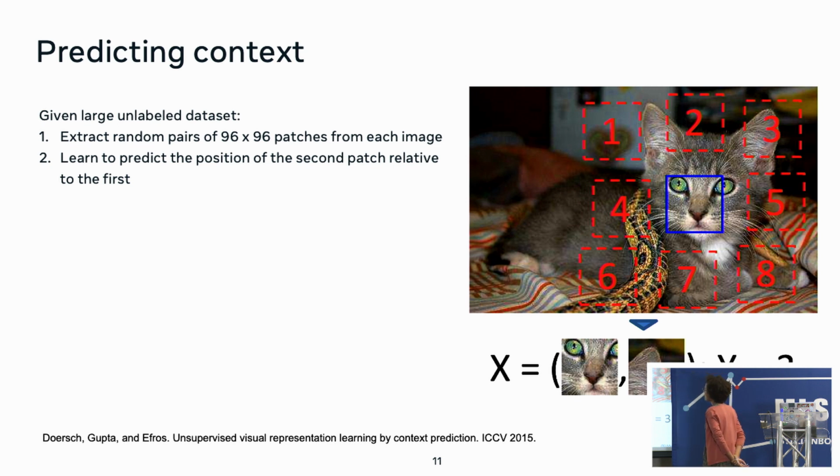In this case, the goal is to predict relative positions of patches. The procedure is as follows. You take a large dataset, once again unlabeled, you're not using any labels whatsoever. Then you throw a grid on top of the image, a 3x3 grid in this case.